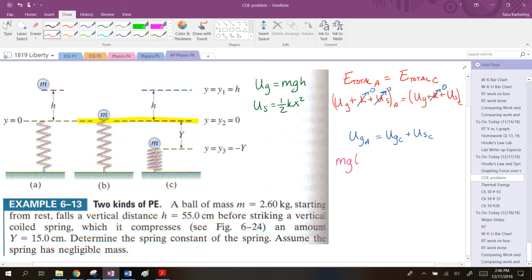M times G times, this H is going to be what? At A, how high is it? 55 centimeters. 0.55 meters, good call. Let's do that right now. Oops, not plus. Equals. M times G times, hey, what's the height at C?